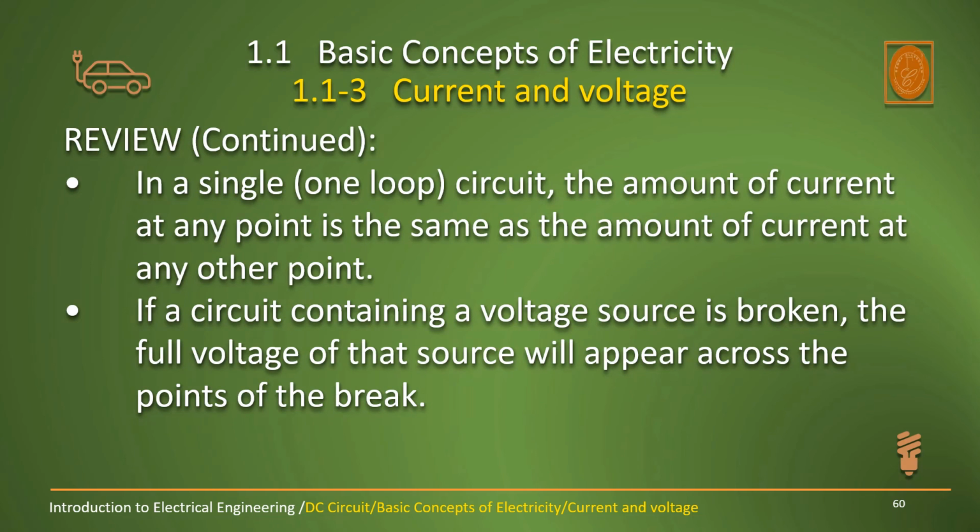In a single one-loop circuit, the amount of current at any point is the same as the amount of current at any other point. If a circuit containing a voltage source is broken, the full voltage of that source will appear across the points of the break.